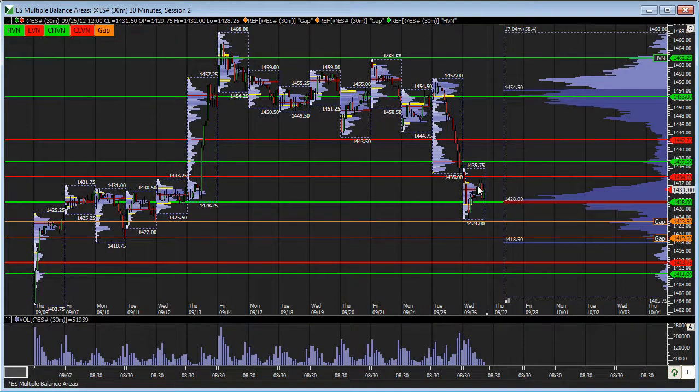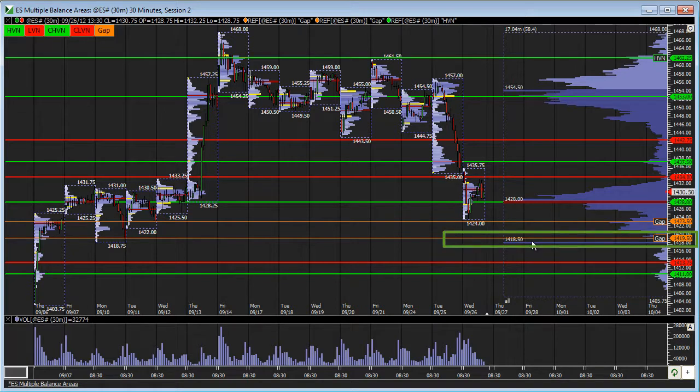And what we're going to do going forward is want to see whether price is rejecting 1428 and trying to move higher, or whether we're failing at 1428 and moving lower. If we fail at 1428, for example, if we close below it today and we start seeing failure over here, we're going to expect a move down to another gap that we have at 1419.5. And then the entire composite value area low is at 1418.5.